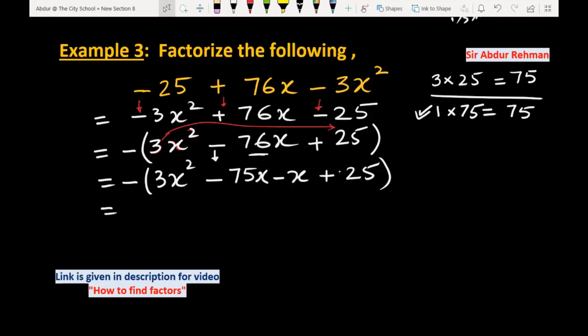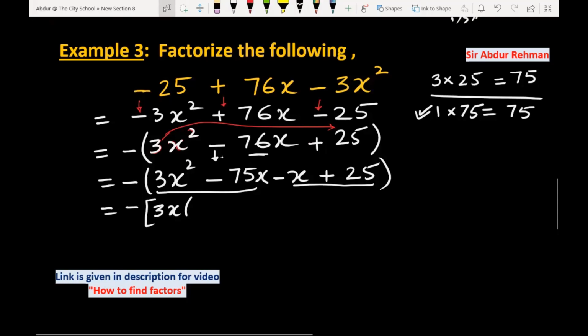Now, next step, by grouping, find the common factor. In 3x squared minus 75x, 3 is common since 75 is divisible by 3, and x squared and x are divisible by x. So 3x is common here. Write down 3x and a bracket.